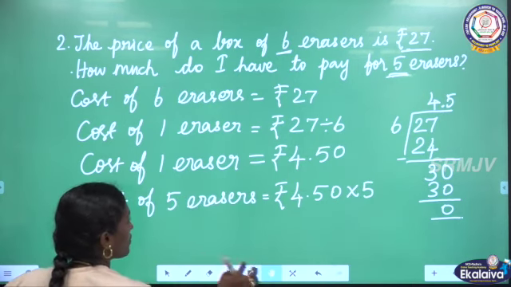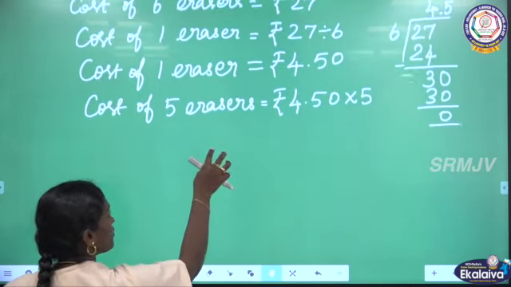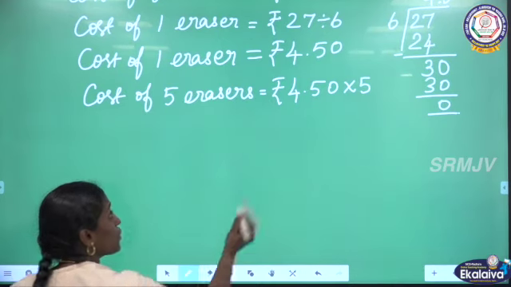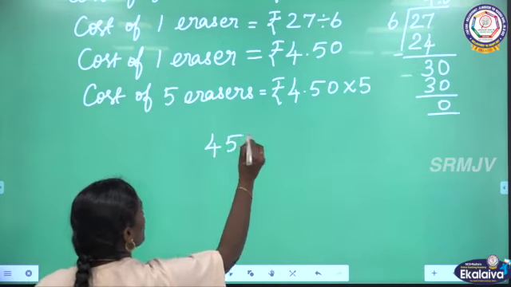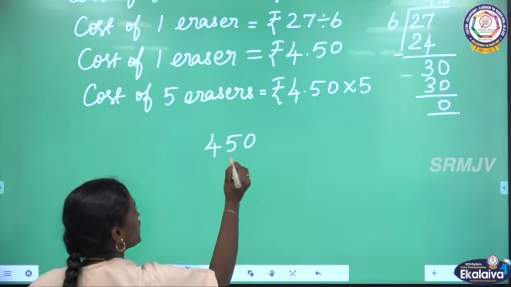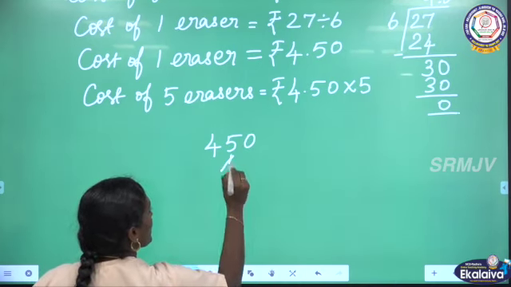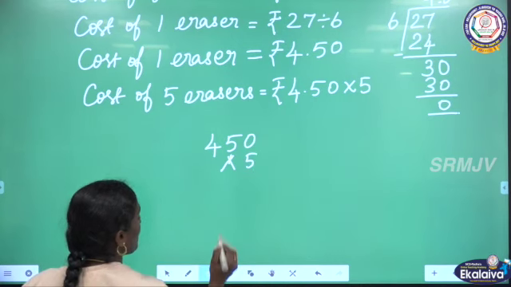Now we are going to multiply these two numbers, 4.50 and 5. Here 4.50 is a decimal number. So while multiplying we have to consider it as a whole number, that is 450 into 5.